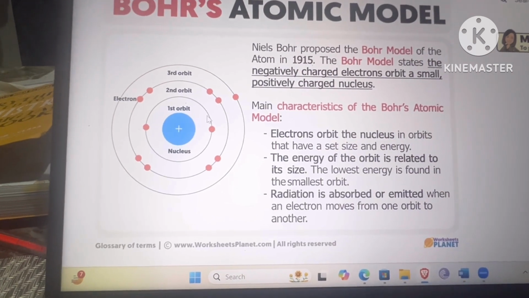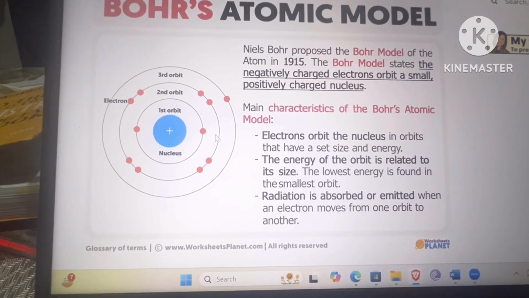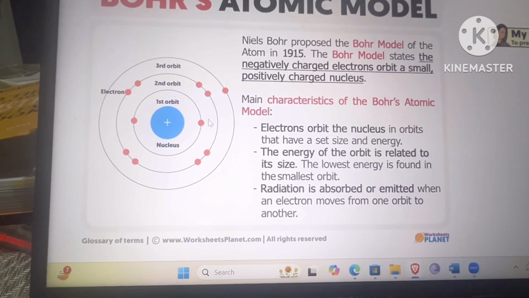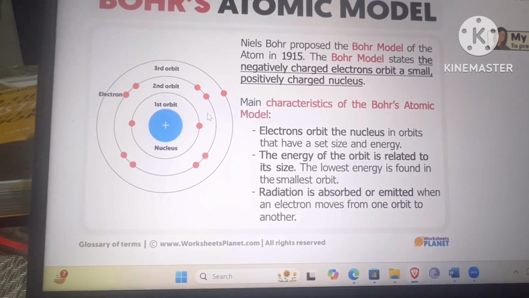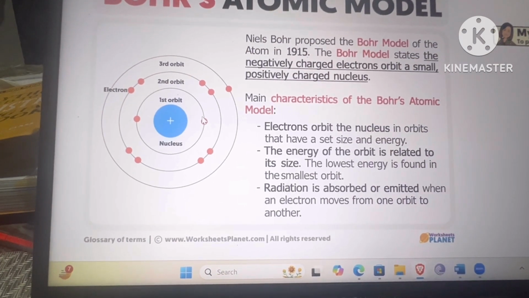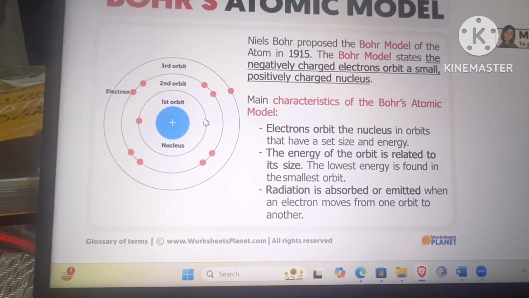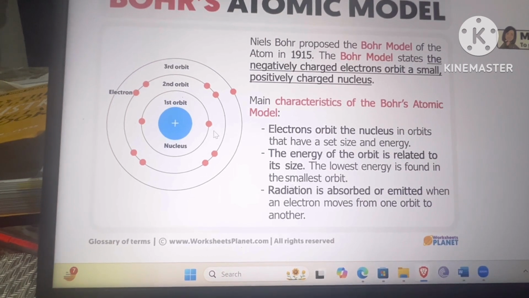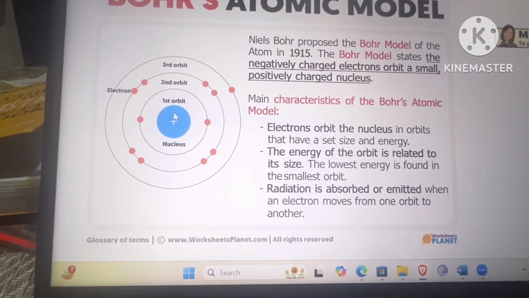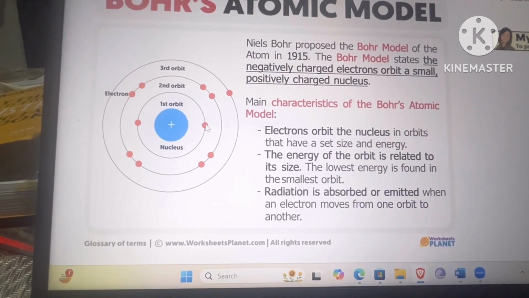Some of the main characteristics of the Bohr model are: one, electrons orbit the nucleus, like what I mentioned earlier, in orbits that have set size and energy. So that means the energy of the orbit is related to its size. The lowest energy is found in the smallest orbit. That means if the electron is closer to the nucleus, the electron is in the ground state.